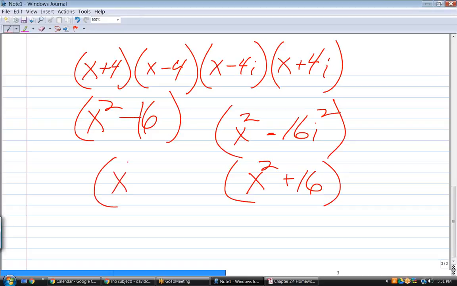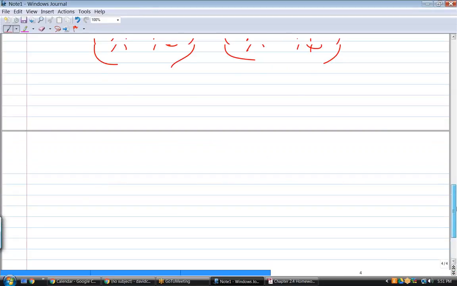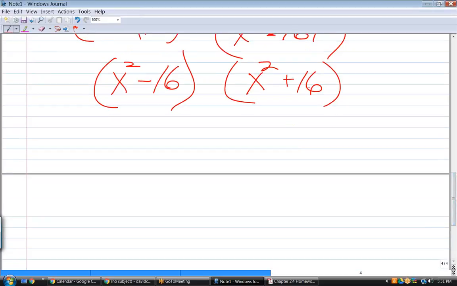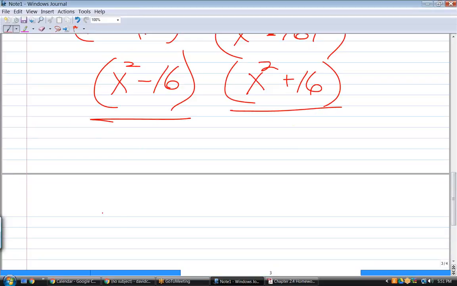So now we have a binomial times a binomial, which also is difference of perfect squares. Excuse me, that is not difference of perfect square. Yes, it is. In other words, that's the difference of perfect squares. What did it start as? Plus 4 and minus 4. X to the 4th.